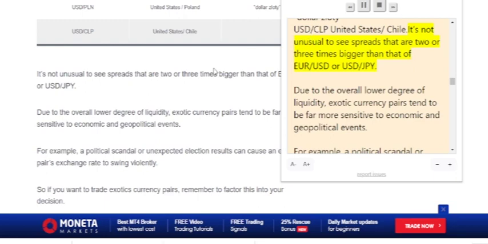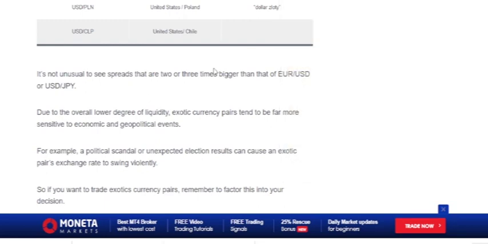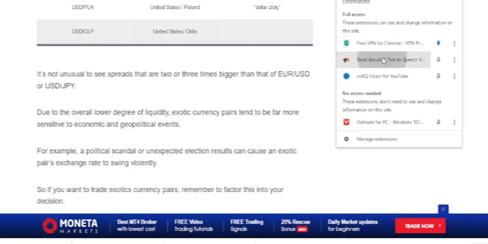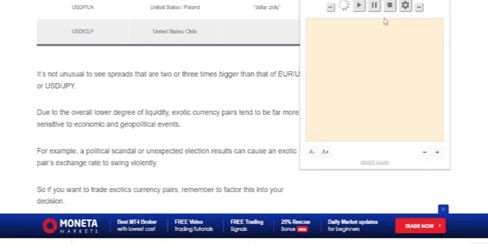It's not unusual to see spreads that are 2 or 3 times bigger than that of EUR/USD or USD/JPY. Due to the overall lower degree of liquidity, exotic currency pairs tend to be far more sensitive.